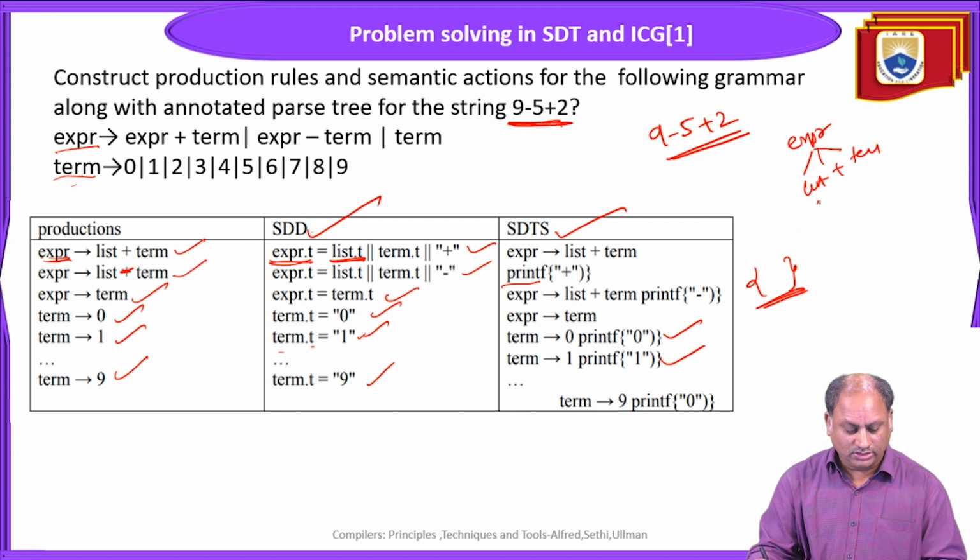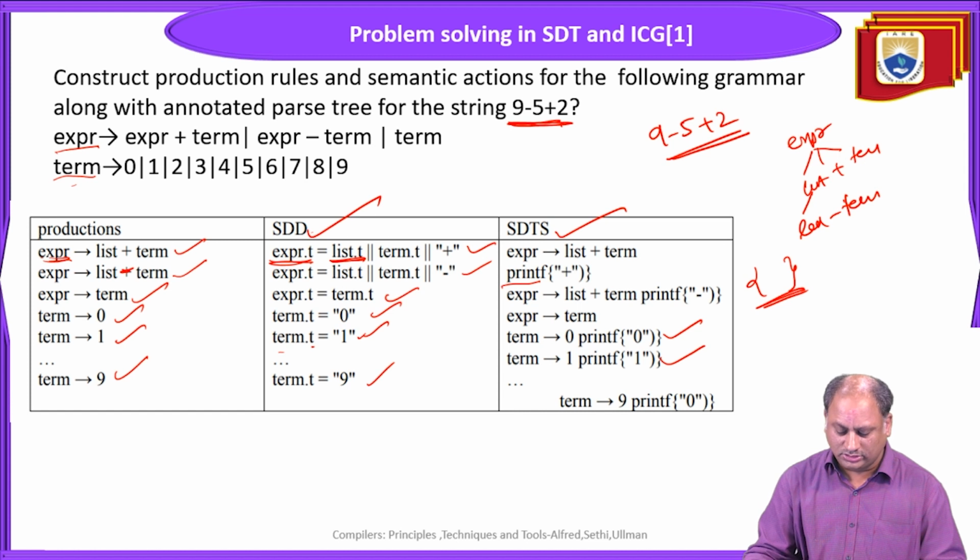This list is to be considered once again with some other expression, list expression, list minus term. So the sum of the expression we may contain this, and this is to be evaluated with the corresponding nodes in the tree, and this list is to be evaluated and term is to be evaluated separately, and it depends on the production rules.